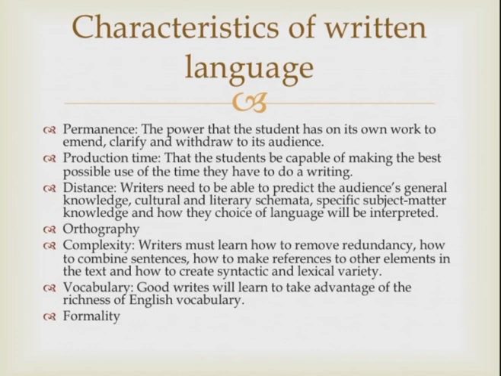Specific subject matter, knowledge, and how their choice of language will be interpreted. Orthography, complexity, writers must learn how to remove redundancy, how to combine sentences, how to make references to other elements in the text, and how to create syntactic and lexical variety. Vocabulary. Good writers will learn to take advantage of the richness of English vocabulary. And the last characteristic, formality.